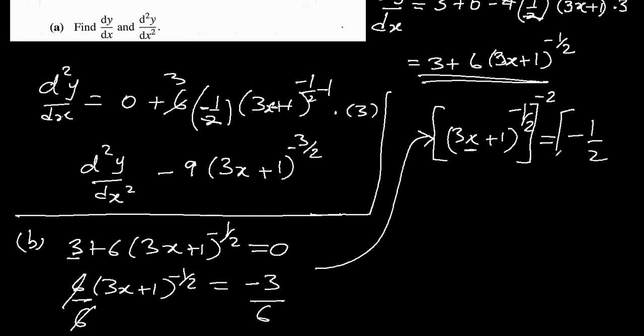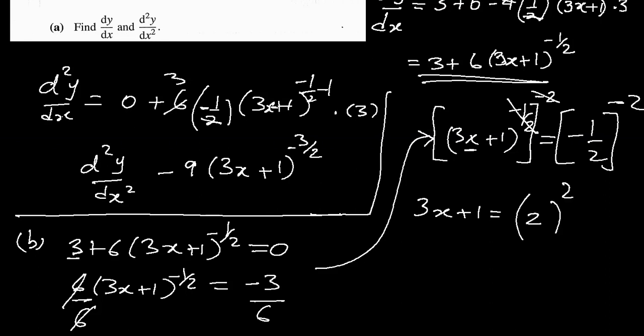So same we have to do to the other side also, power minus 2. So this minus half and minus 2 give positive 1, so we are left with just 3x plus 1 here. And to make this negative positive, we will reciprocate the 1 inside, which is 2 to the power 2, or rather negative 2 to the power 2.